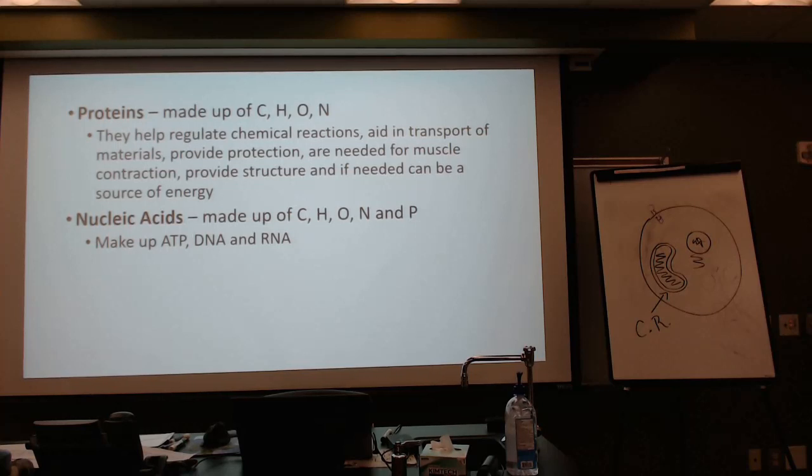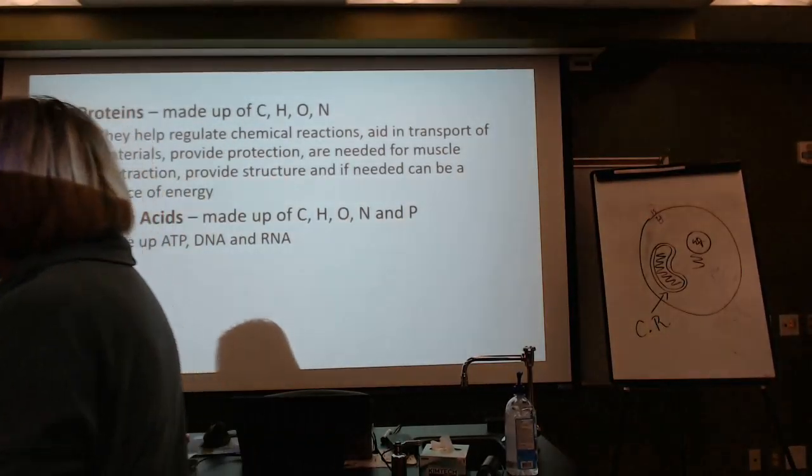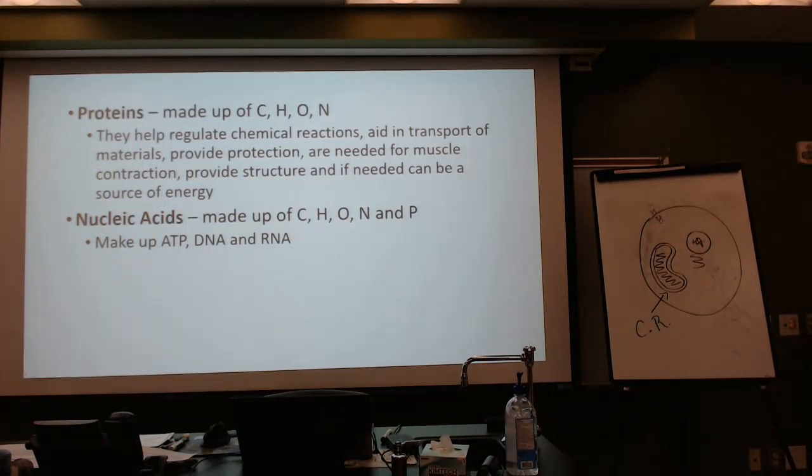Most definitely muscle contraction, because what causes muscle to move is actually termed a contractile protein. They provide structure, keratin, for example, and if needed, note my terminology, if needed, they will be an energy source.